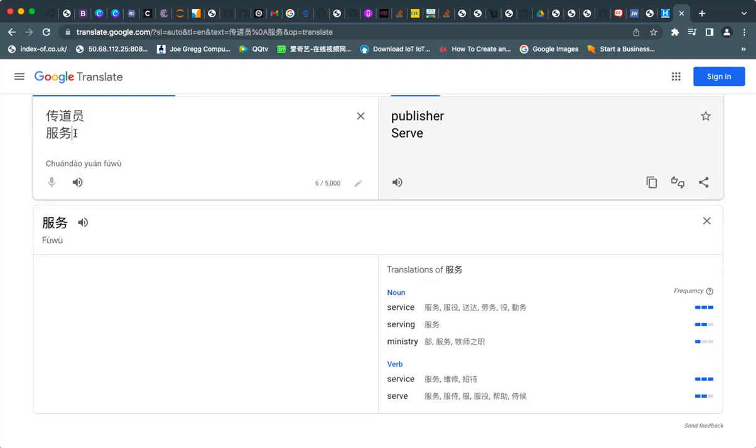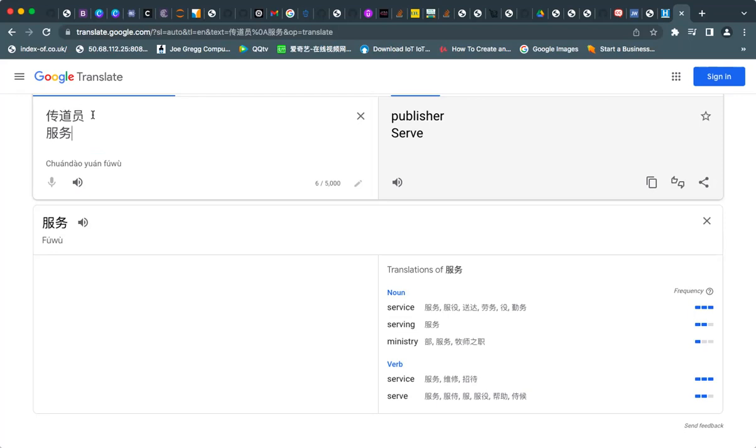What do you think it means when you say 服务员? A service publisher, someone who is working as a publisher or doing service as a publisher.